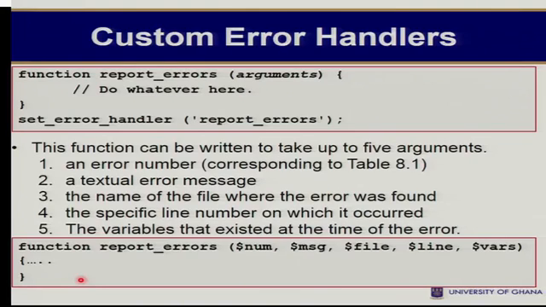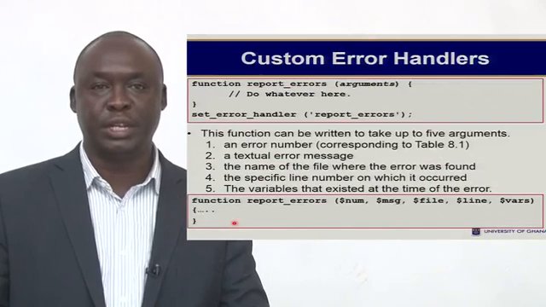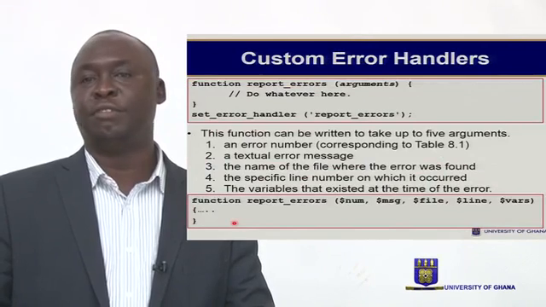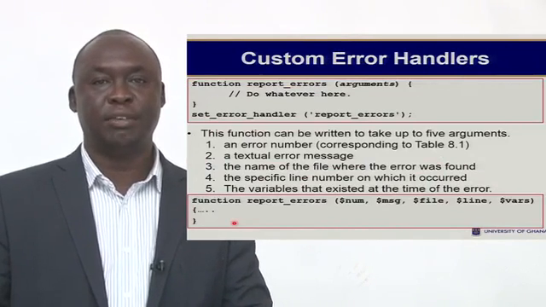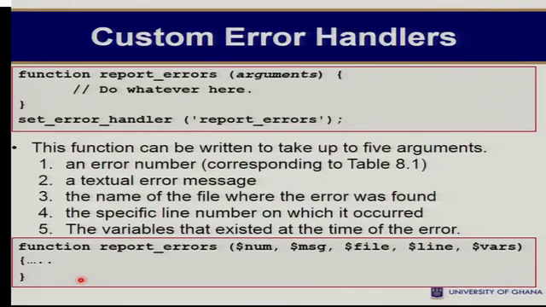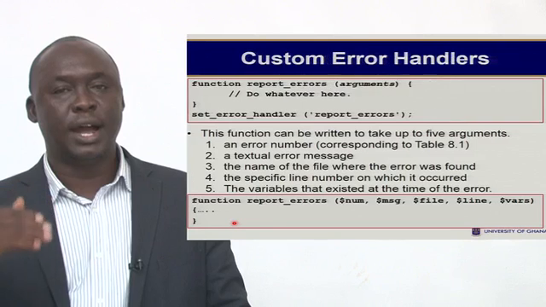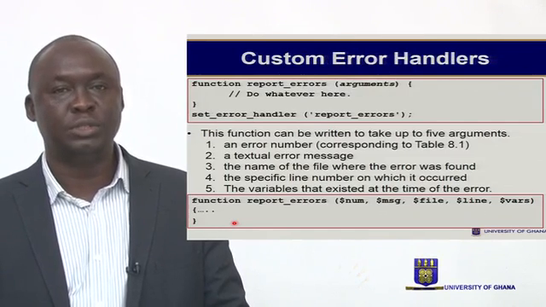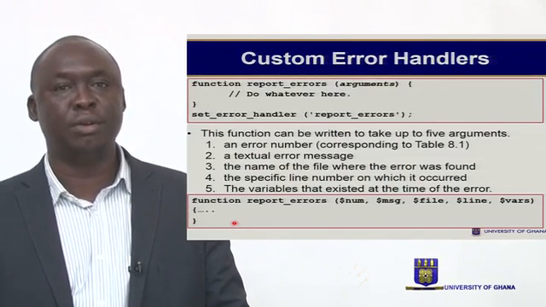We can sometimes do custom error handlers. So when an error happens, we want to be able to handle it ourselves instead of just printing it anywhere. To do this, we will define a function. This function can be written to take up to 5 arguments. The first argument could be the error number, because each error has a number, so we want to be familiar with that number. You can output the number, but you need to grab it as part of the error.